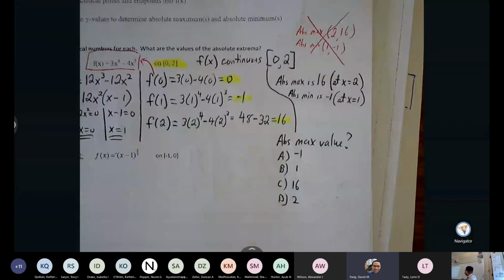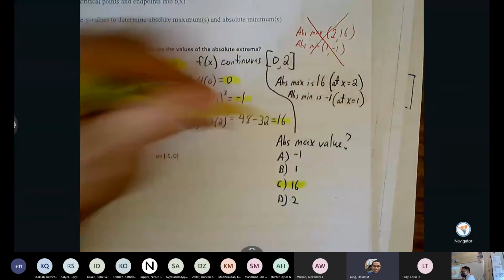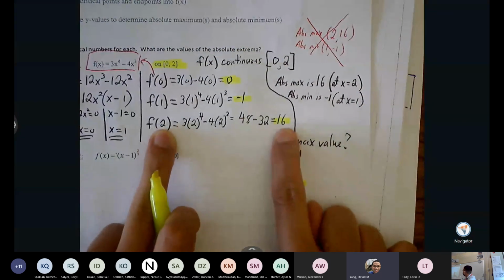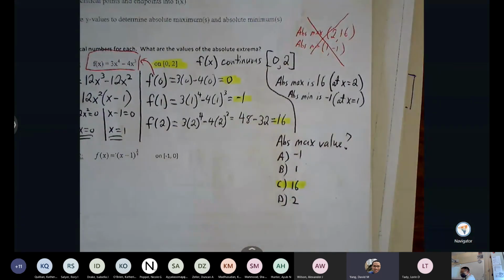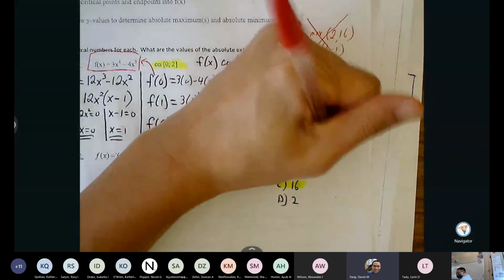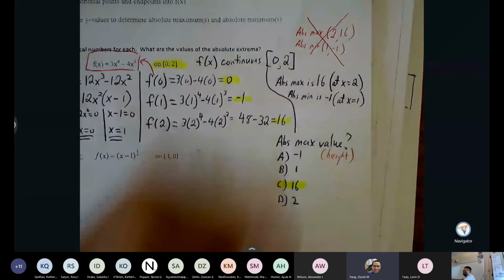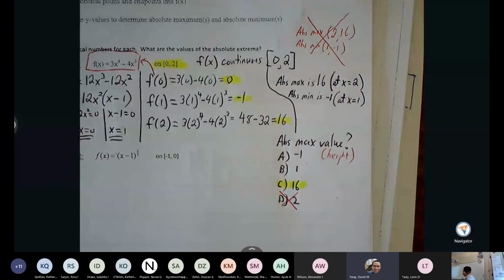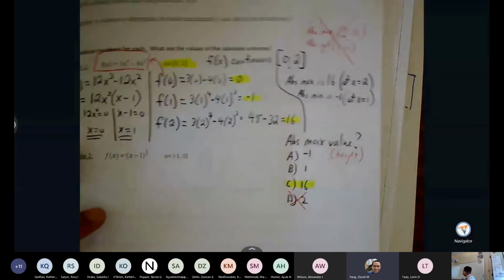Then the correct answer is going to be 16, even though the ordered pair is (2, 16). All right, sometimes students may look at this going, well, both are correct, right? But think of max value as what is the max height, right? If you're looking at the height, you're looking at the y value. So the focus is on the y value and not so much the x.